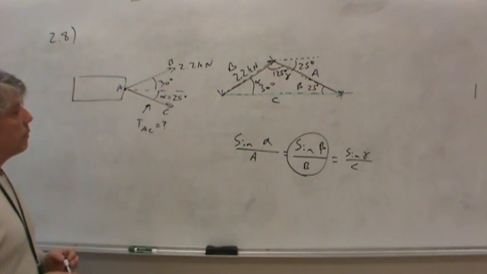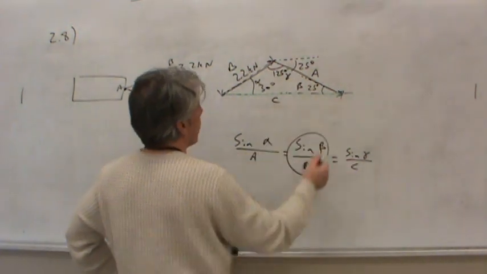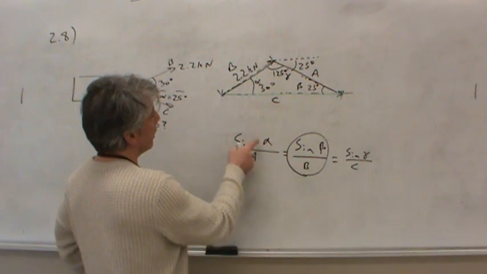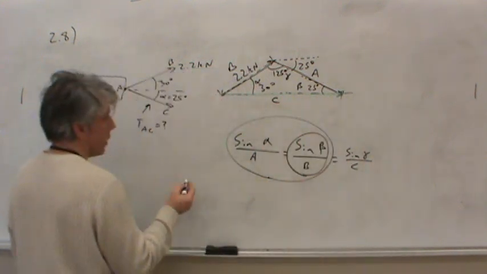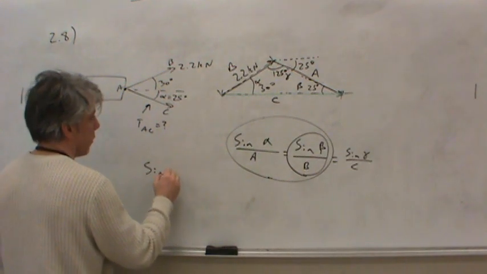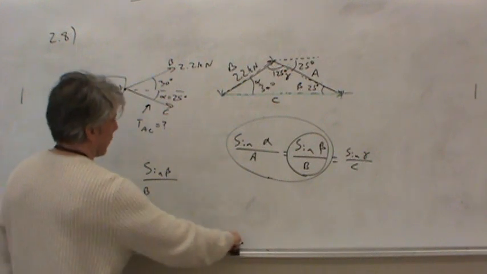Okay, so if what we want to know is the length of A, well, to get A, all we need is alpha. So we can take this equation and rearrange it. Actually, we'll have to reverse it, won't we?